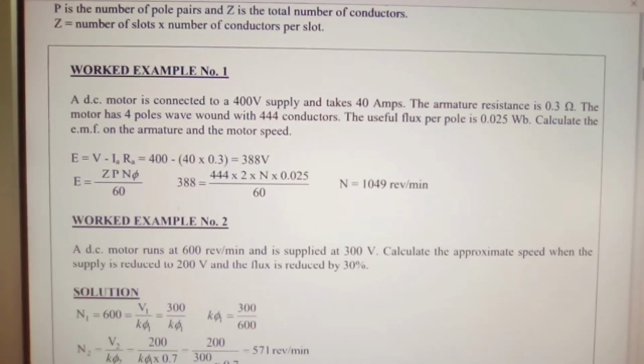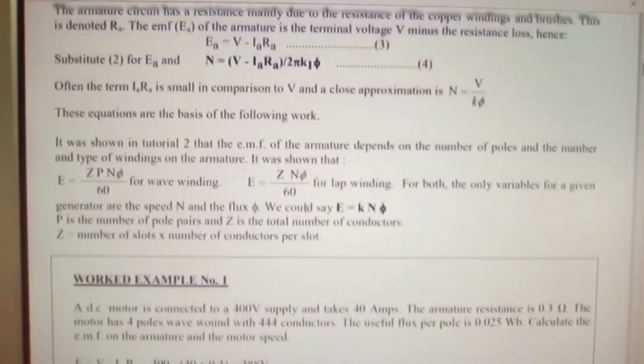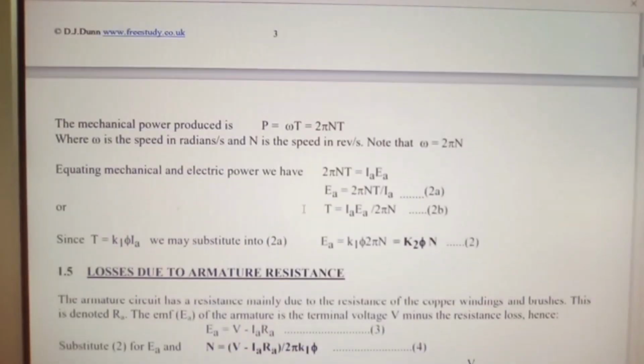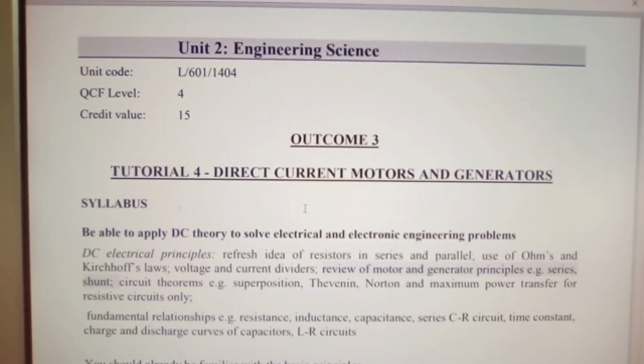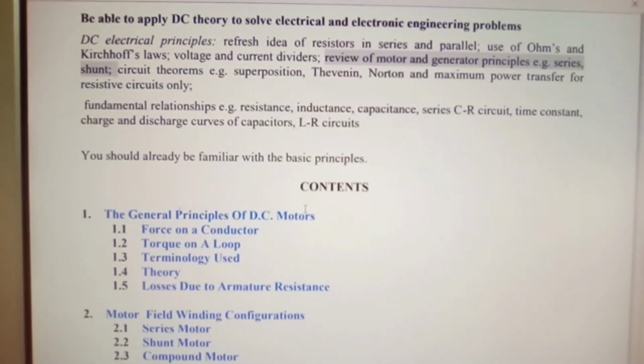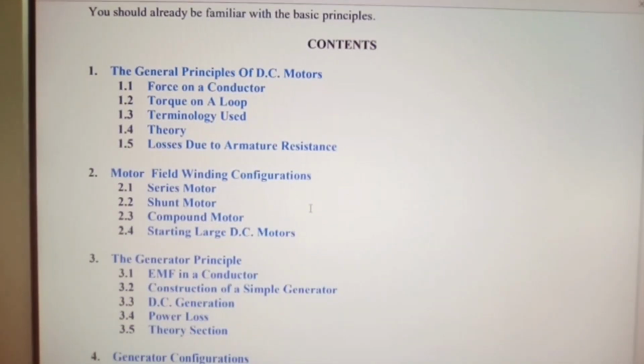Right, just to recap, I'm just going to go back a bit. Okay, just to recap, unit 2 engineering science, level 4, so you'll be doing it at agency level. And again, I state that some work might be applicable to ONC, or your T level work now.